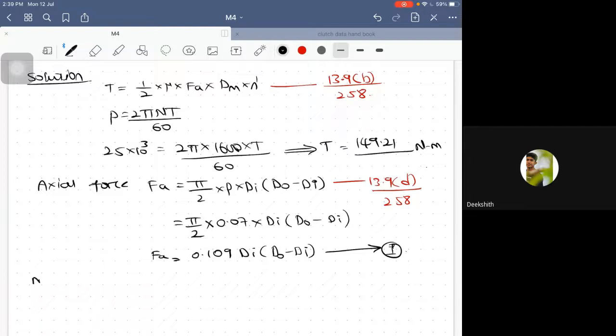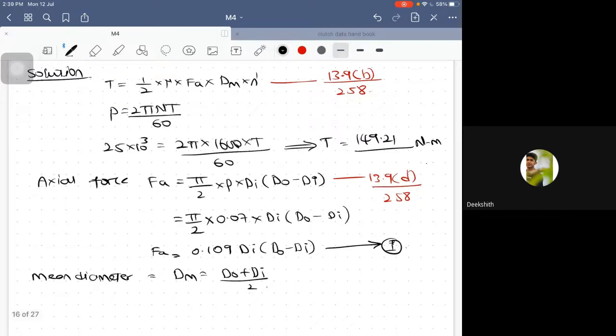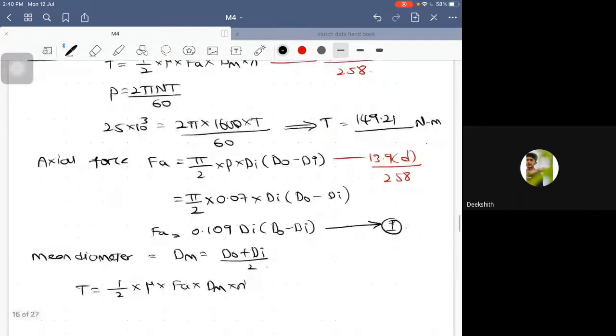Next, you know that mean diameter Dm equals d naught plus di divided by 2. Keep it aside. Now go with the torque equation. Torque is equal to half times mu cross Fa cross dm cross n dash. Substitute what you know.